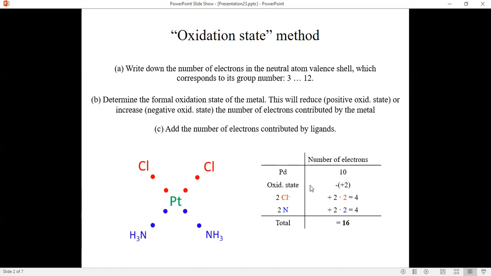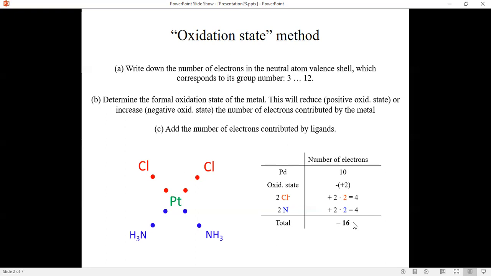Then we subtract 2 electrons because the platinum is in the oxidation state +2. And then we add 2 times 2 is equal to 4 electrons coming from the chloro ligands, and another 2 times 2, another 4, coming from the amine ligands. So that gives overall 10 minus 2 plus 4 plus 4, which also gives 16.